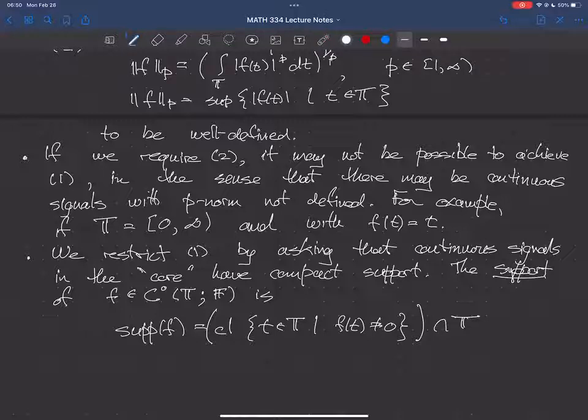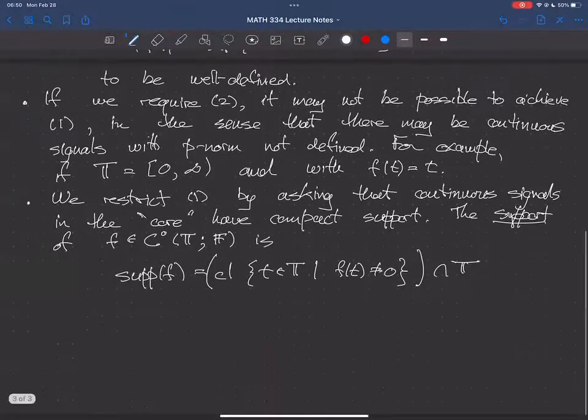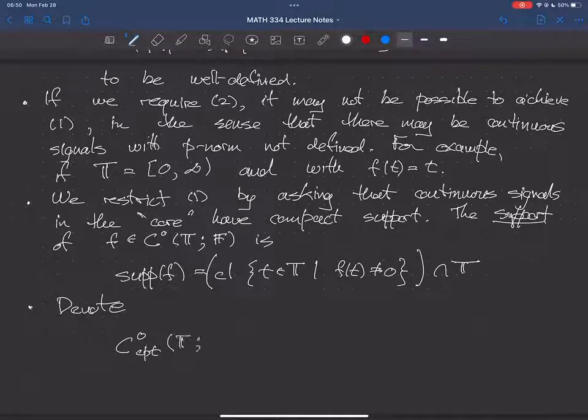All right, and so therefore we denote C0 CPT. So these will be continuous signals on the time domain T with values in F and compact support.